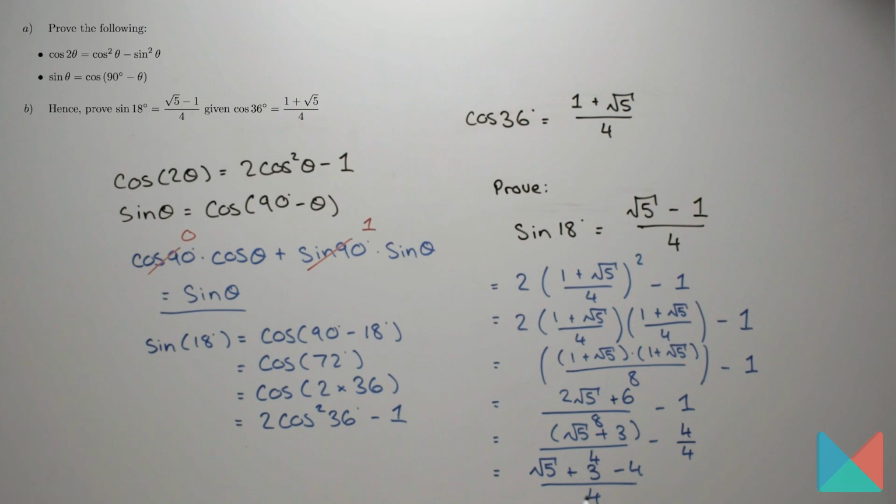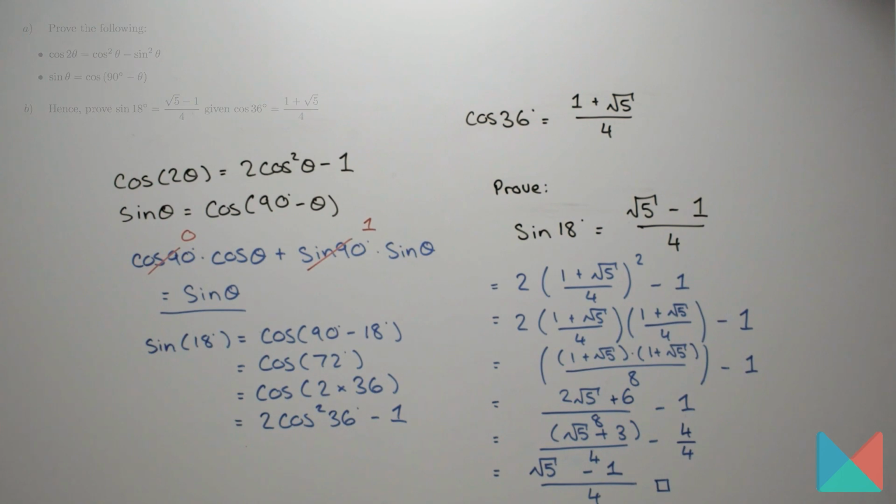And the square root of 5 plus 3 take 4, well, 3 take 4 is just going to give us -1. And notice here that we have our final result. Now we have successfully proven that the exact value of sine of 18 degrees is the square root of 5 take 1 divided by 4.